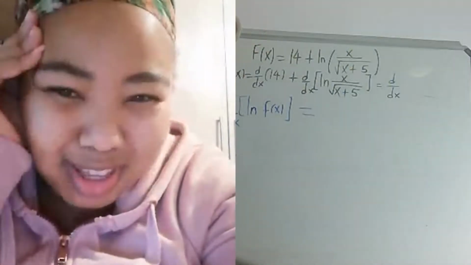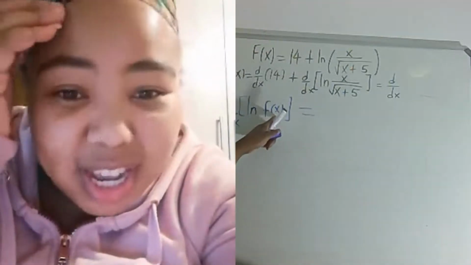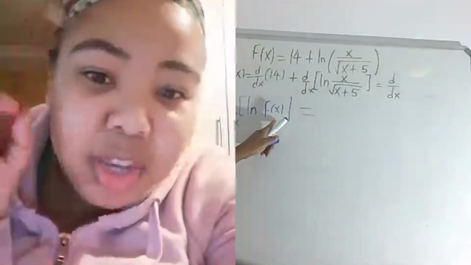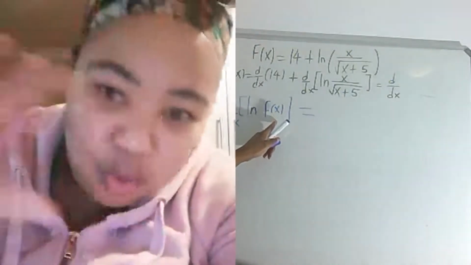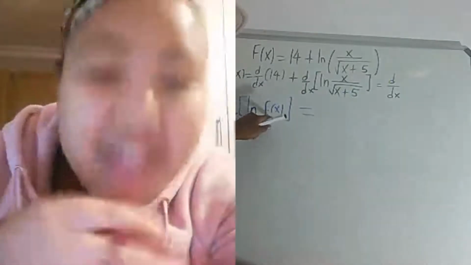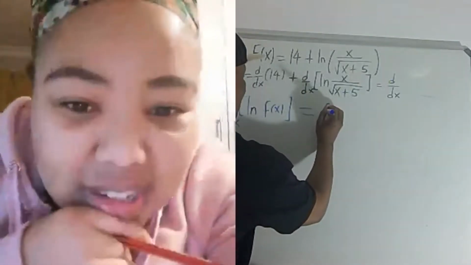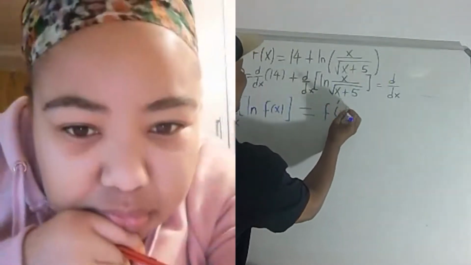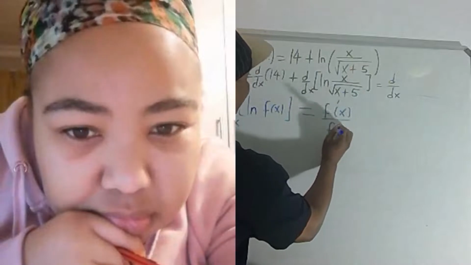We differentiate the function and then we divide by the function. So this is going to be f prime of x over f of x.